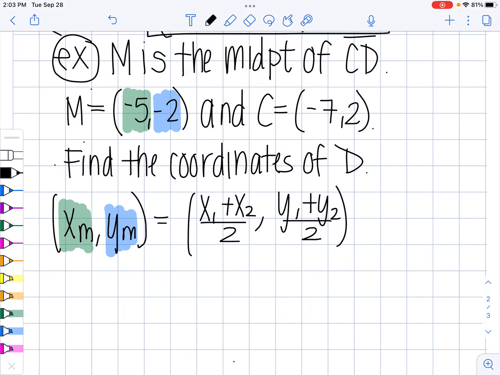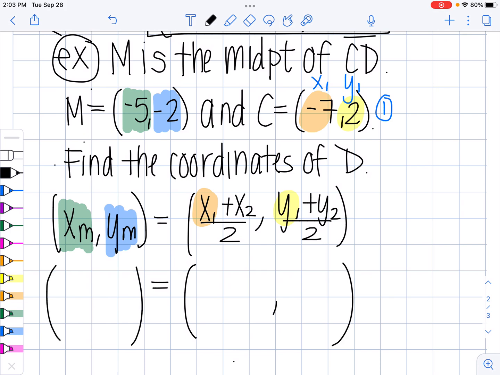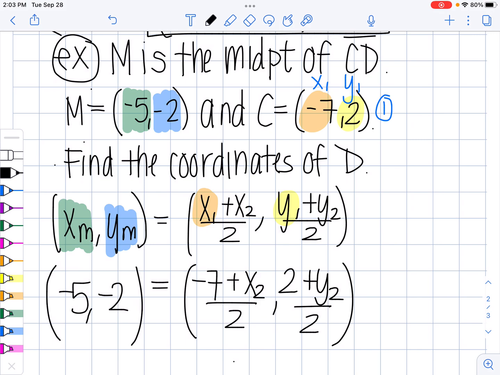And I don't have a letter name for point C in the formula, so I'm just going to call this point 1. So that means that this is my x1 value and this is my y1 value. So right here, I'm going to write my x1. And right here, I'm going to write my y1. So I'm going to fill in all the information that I have. (-5, -2) equals ((-7 + x2)/2, (2 + y2)/2), just so you can see where things come from.